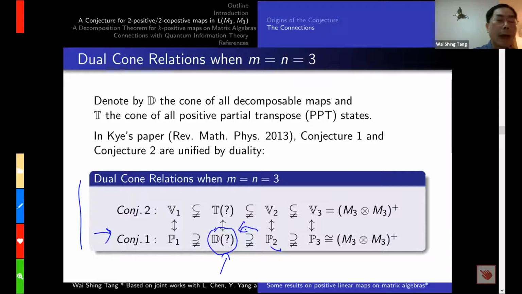Whereas at the level of the tensor space M3 tensor M3, this is the separable ones, and this is Schmidt number less than or equal to 2. We are asking whether the PPT states will sit inside here, or in other words, whether all PPT matrices or states will have Schmidt number less than or equal to 2. So by this bilinear pairing, conjecture 1 and conjecture 2 are equivalent.